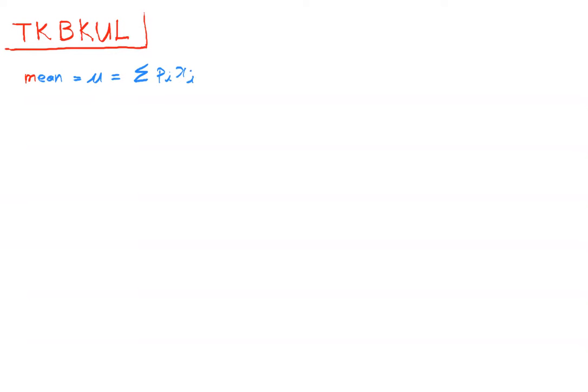So for a continuous variable, we have the probability density function, correct? Yes. So if we want to find the mean, we have to integrate over the limits of the possible values of x, with the probability times x.